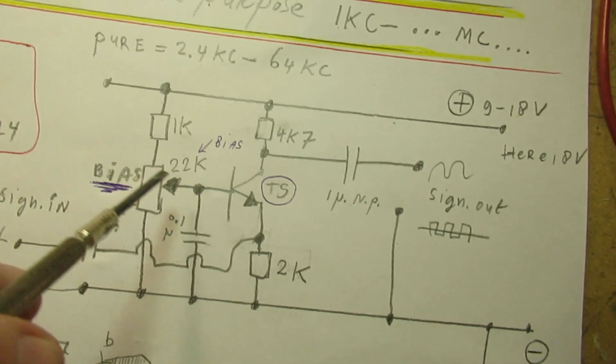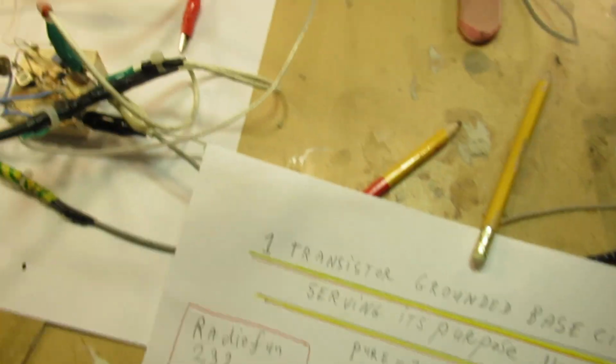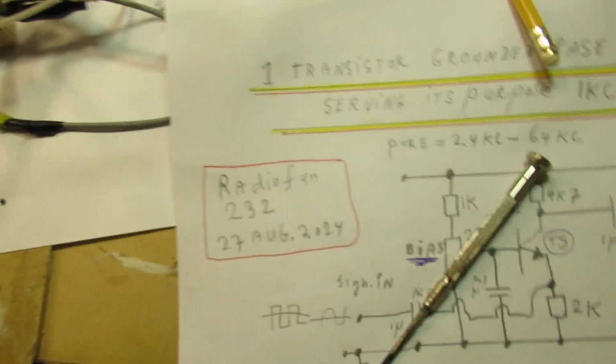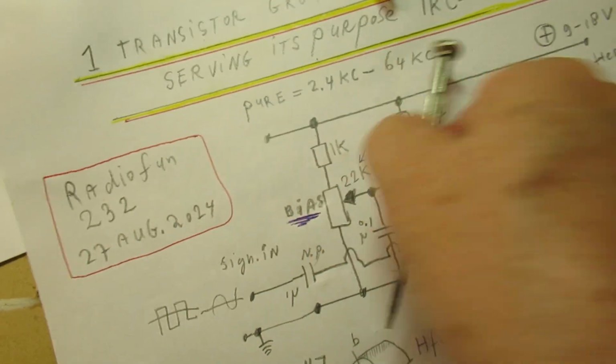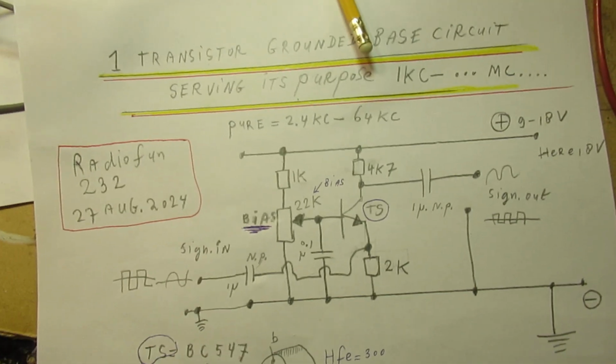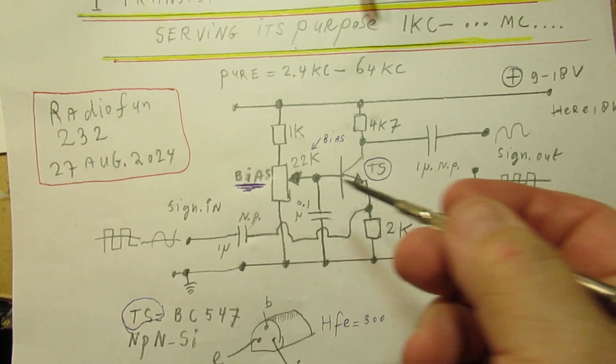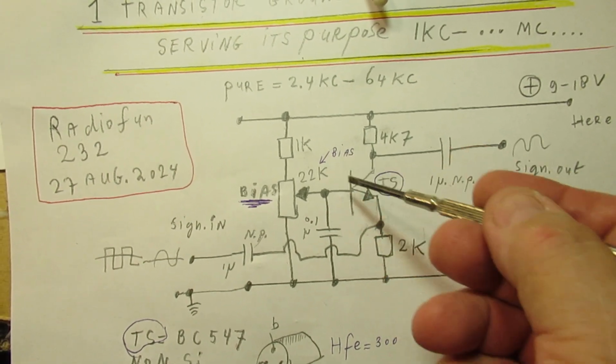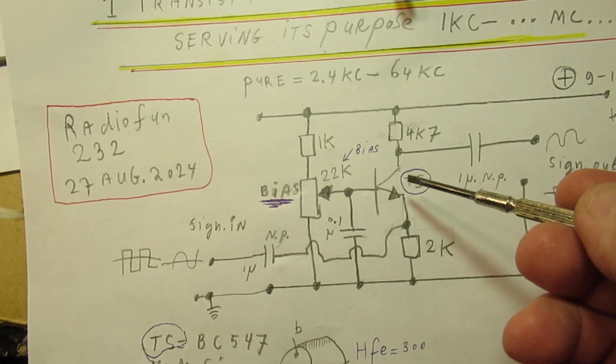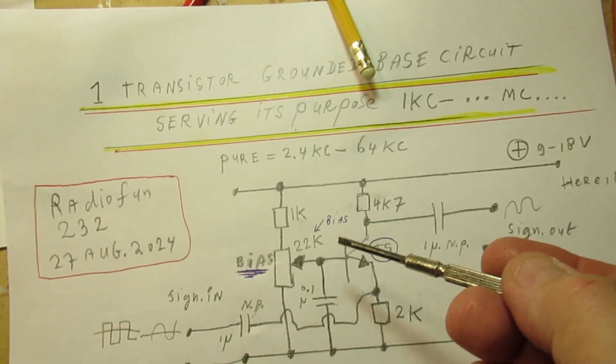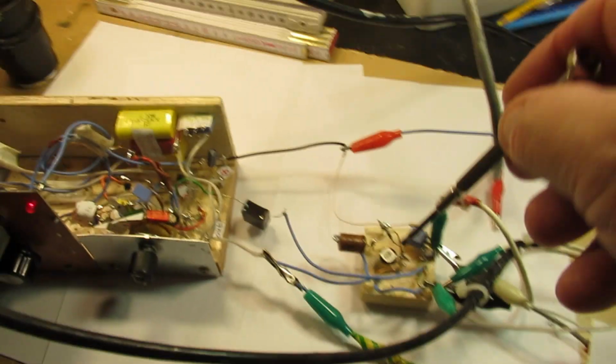So now I'm going to bias here that potentiometer, and let us look at the same time at the oscilloscope views when the voltages inside this grounded base circuit change. Anyway, it's very important.